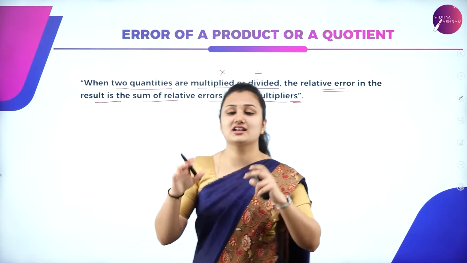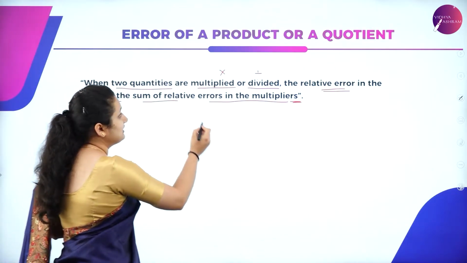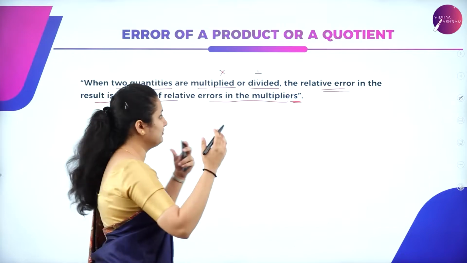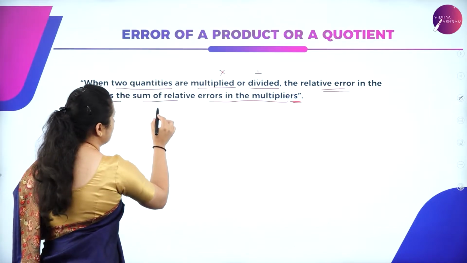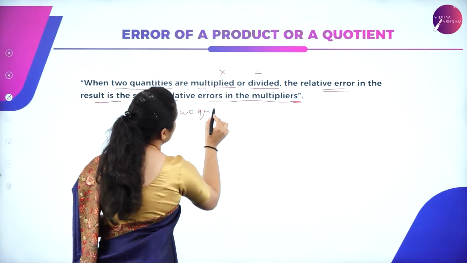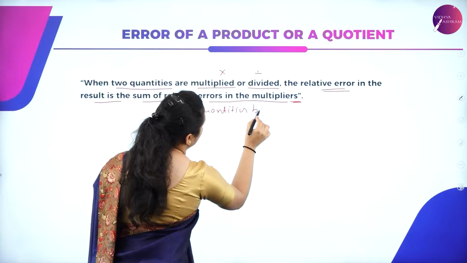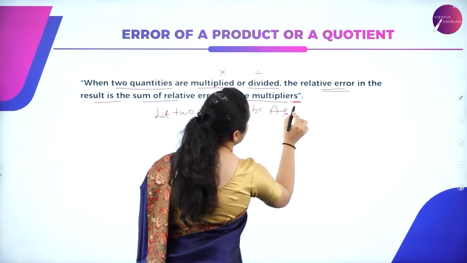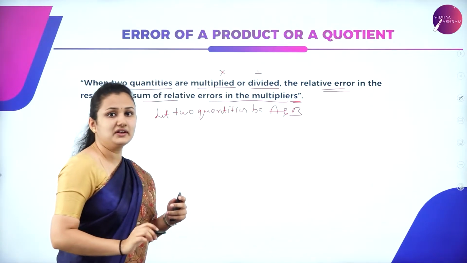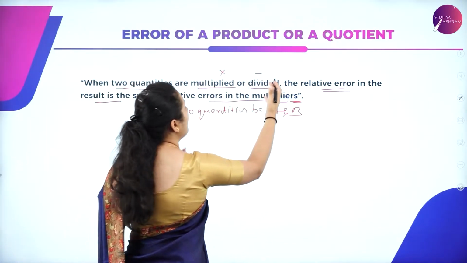So let us try to understand this mathematically. When two quantities are multiplied or divided, let the two quantities be A and B. So, two quantities are multiplied or divided.